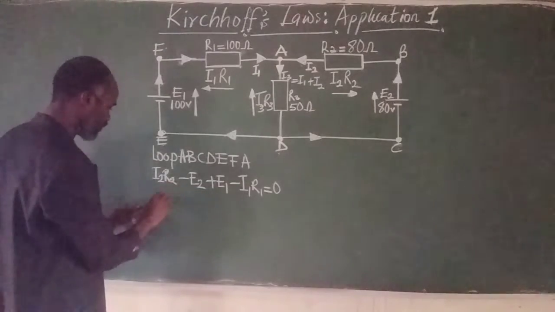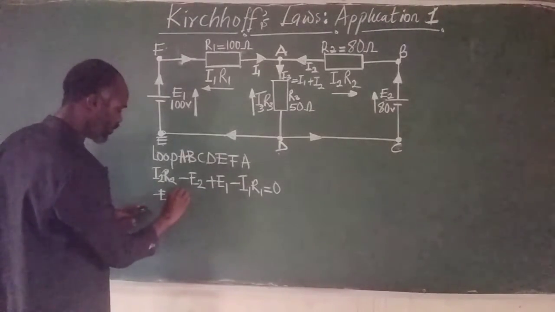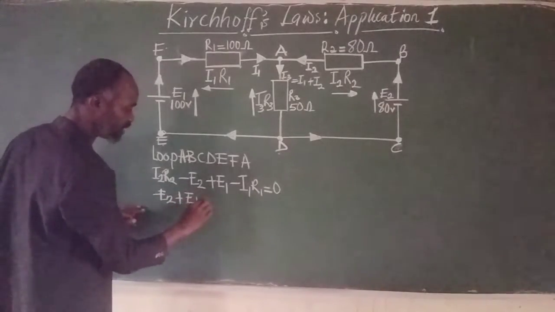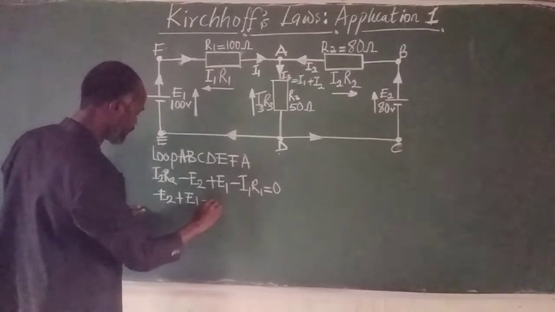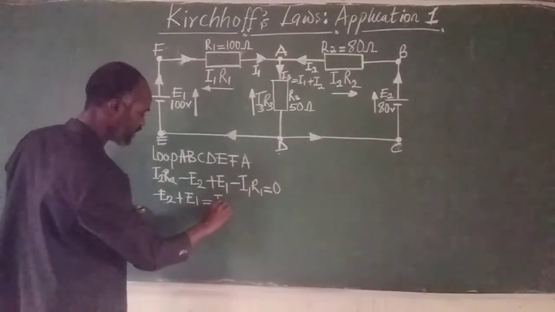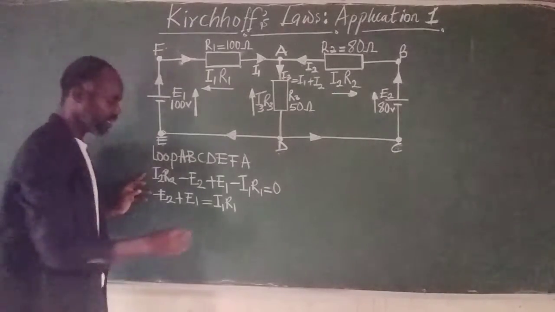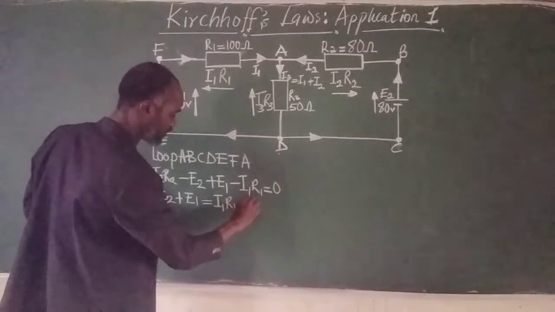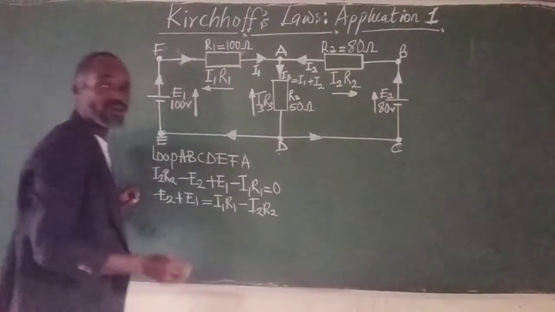If we rearrange, we have minus E2 plus E1 equal to current 1, R1, and then minus current 2, R2.